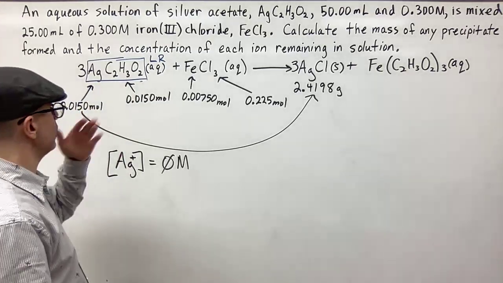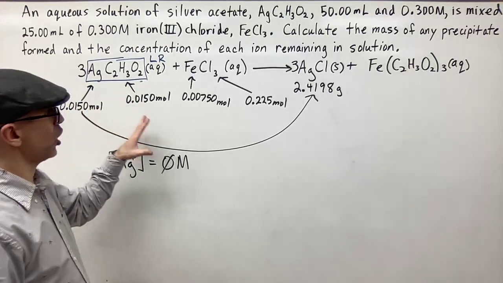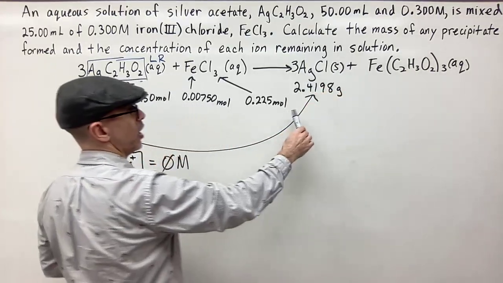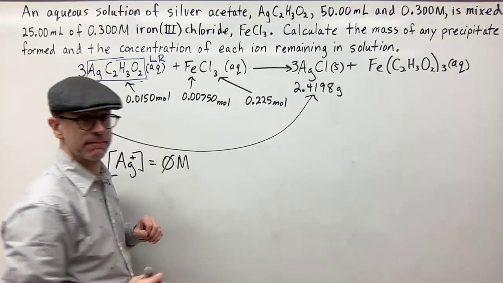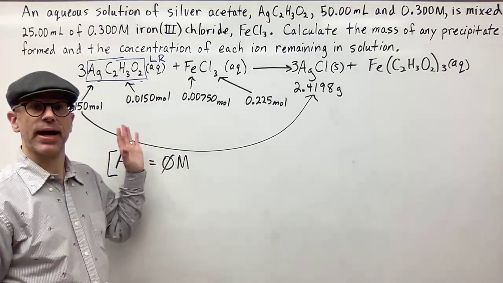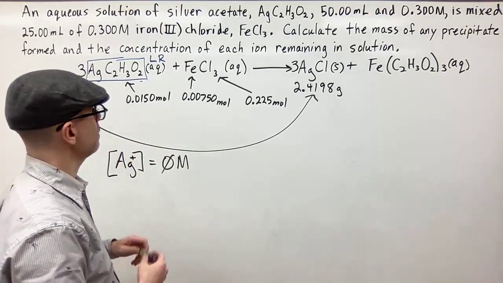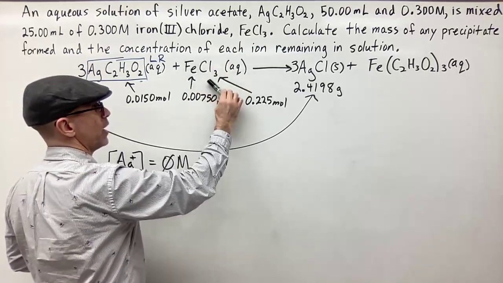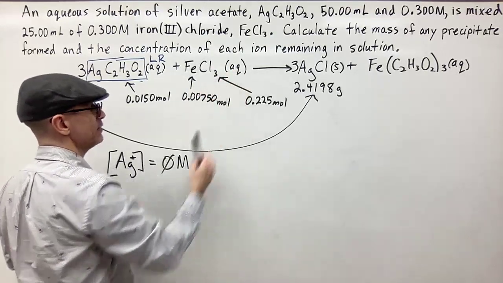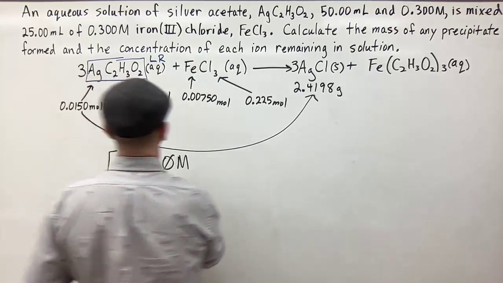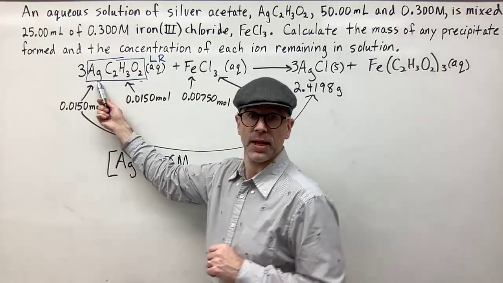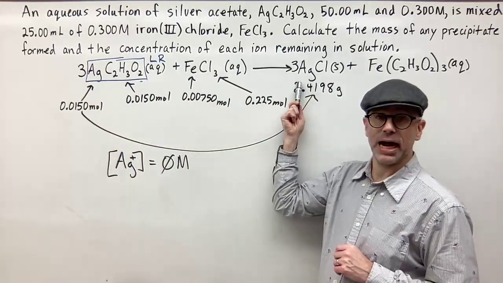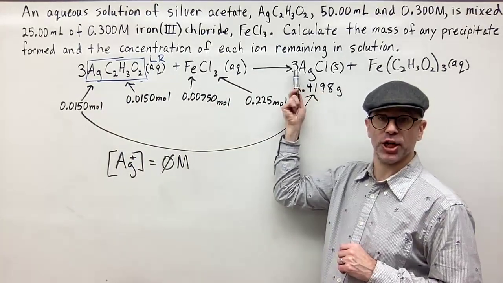Now, the other thing I know is that the chloride ion also ends up in the precipitate. So some of my chloride ion is gone. And so I can figure out how much chloride ion is left because I know that the silver and the chloride ion form a compound in a 1-to-1 ratio.